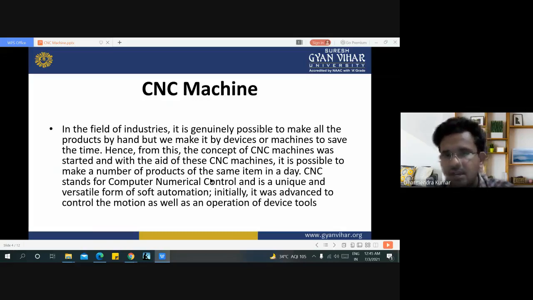Initially, it was developed to control the motion as well as the operation of a device, but nowadays there are various automated applications associated with CNC machines, and it is widely used in large as well as small manufacturing plants.